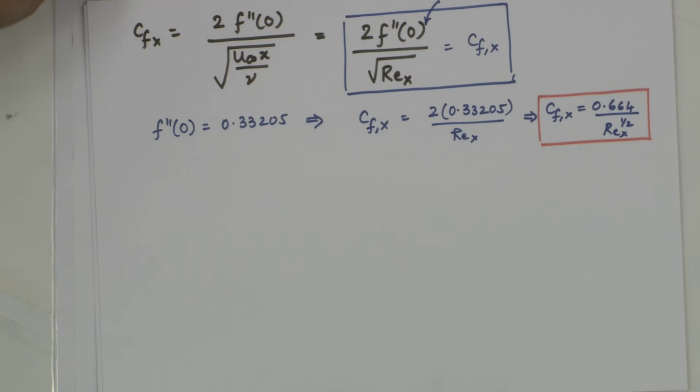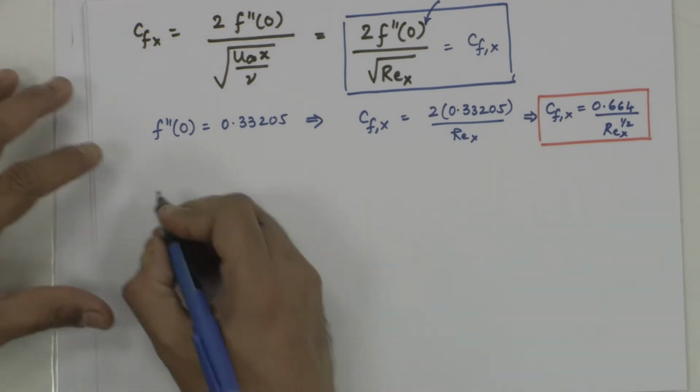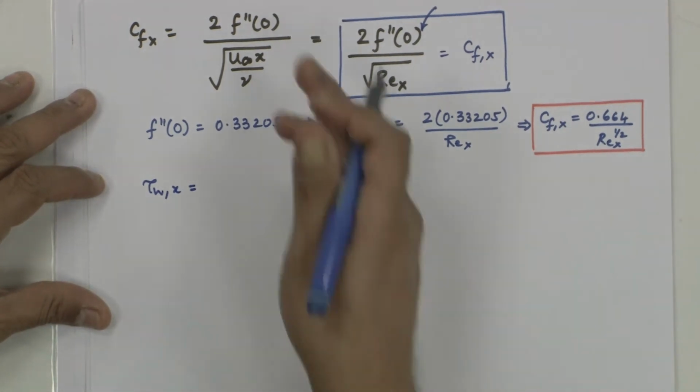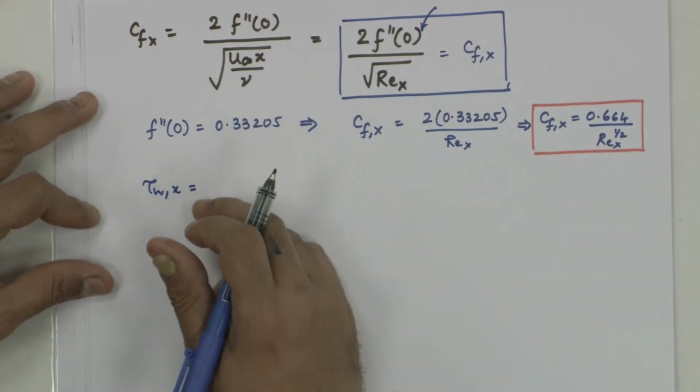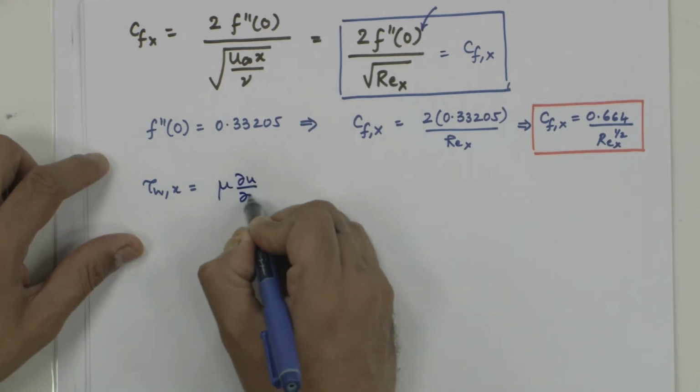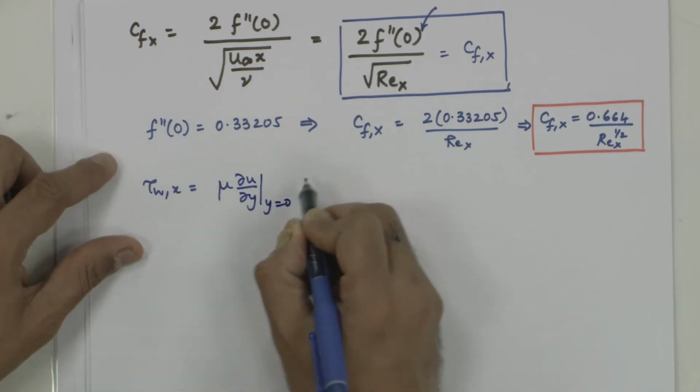Shear stress or the drag force can be obtained as follows. Tau wall of x is nothing but mu du by dy at y equal to 0.